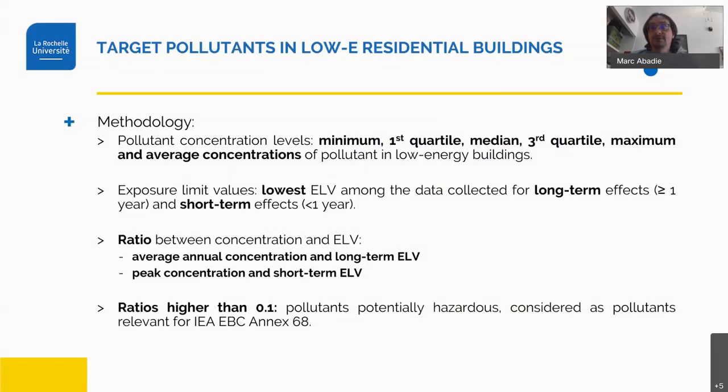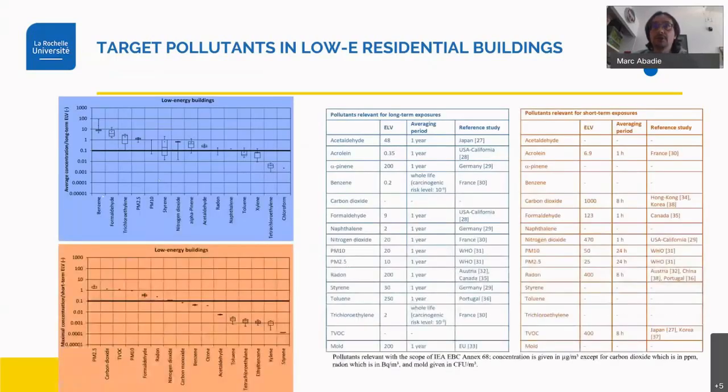To be more conservative, we used as a key rule a ratio higher than 0.1, not just 1: a pollutant with a ratio higher than 0.1 was of interest for our problematics. Doing that for long-term and short-term effects, we were able to classify the different pollutants, in blue for long-term and in orange for short-term, and we were able to draw these two tables here, again with the same color code.